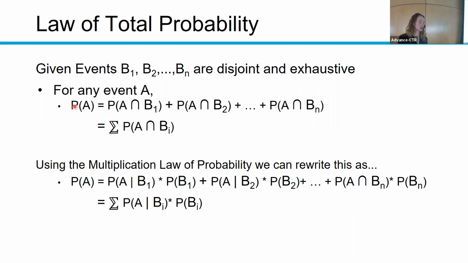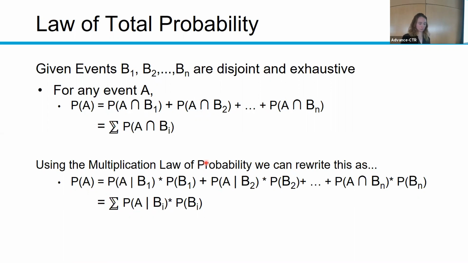So all I'm doing here, for demonstration purposes, is transferring: the probability of A intersect B1 is now equal to the probability of A given B1 times the probability of B1. I'm just using the formula to translate all these down. Now I can rewrite the probability of A as the sum of the products of the conditional probabilities times whatever you're conditioning on. And this is just the law of total probability.